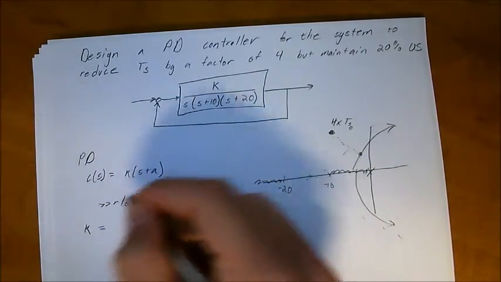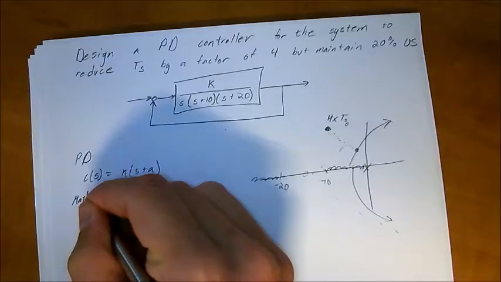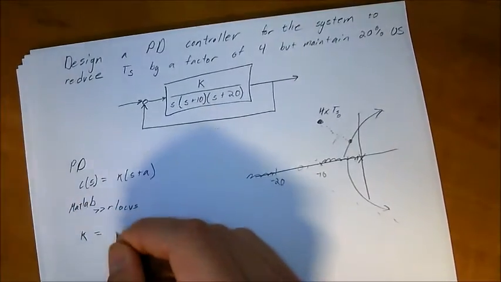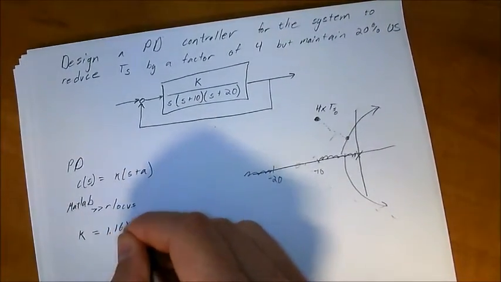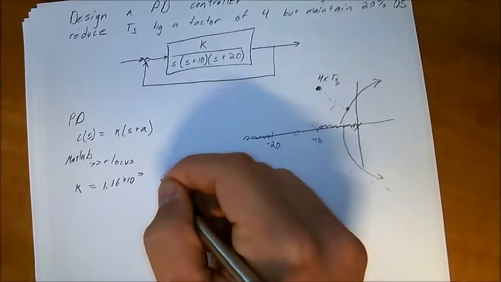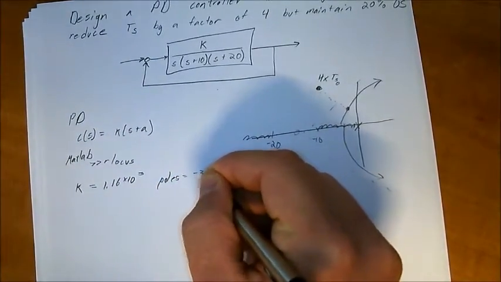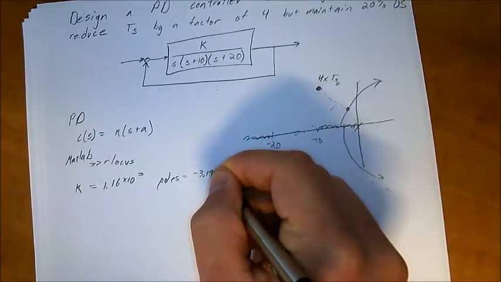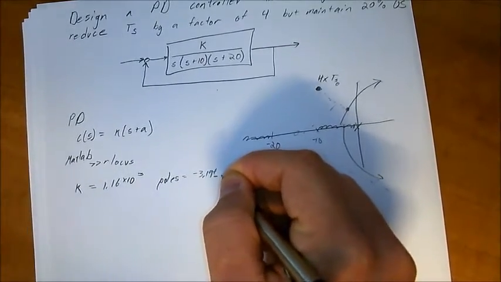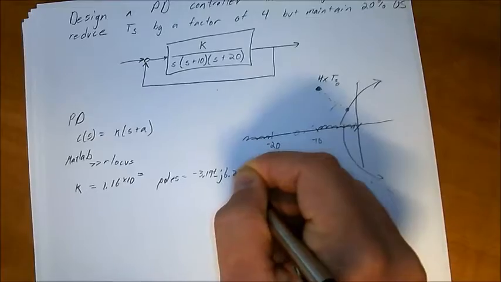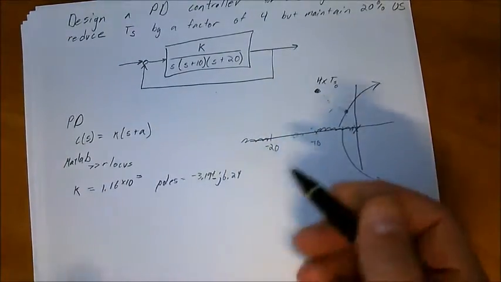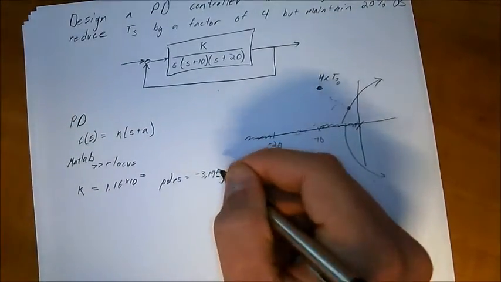So if you use MATLAB, K is equal to 1.16 times 10 to the third. The poles are equal to -3.19 plus or minus j6.24, or 6.24j, whichever. It doesn't really matter.